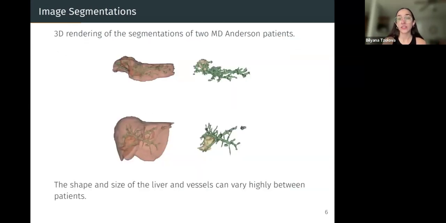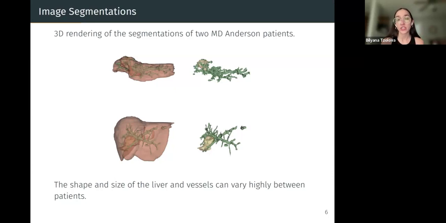So once we are given these segmentations, we can create a 3D rendering of these patients. So here are two different patients that we have from MD Anderson. Orange is the liver, in yellow we have their tumors, and in green are the vessels. So as you can see, there's a huge variety of geometry that we're dealing with, right? So some livers can be much larger than others.